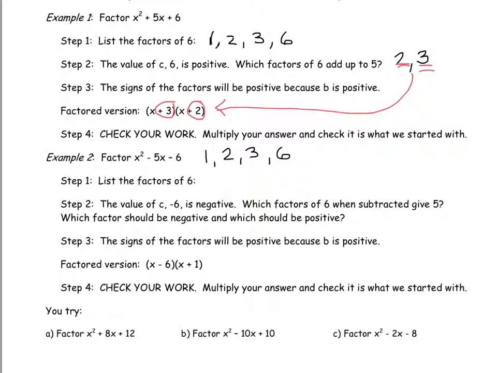And when we add the two numbers together, we have to get a negative 5. So what two numbers multiply to a negative 6 and add to a negative 5? That's going to be using the negative 6 and a positive 1.